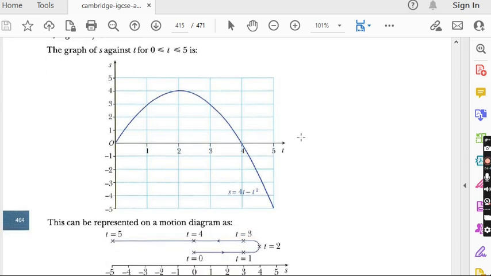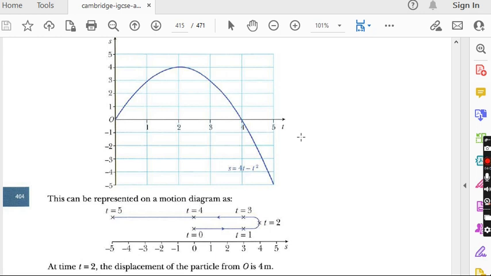This is the graph, and below the graph is a motion diagram, which is very important. Students always feel difficulty in the motion diagram, but with a few important points which you must keep in mind, you can easily draw the motion diagram.